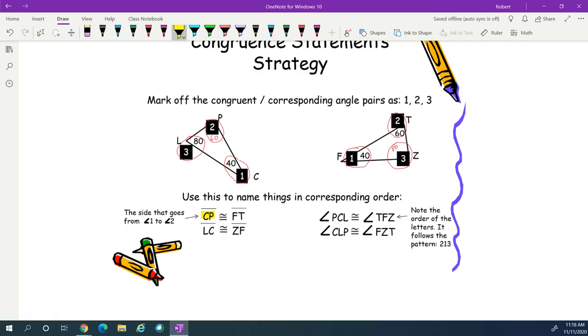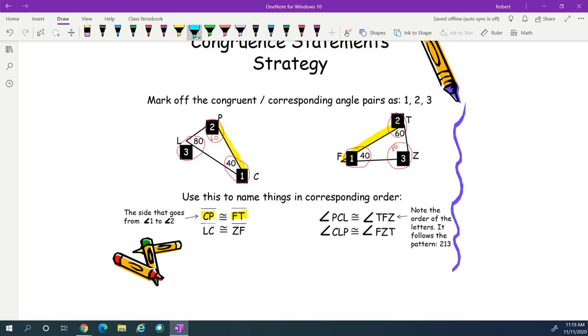Well, that's the side connecting 1 to 2, C to P. I have to match that. So again, 1 to 2, I'm going to go to the other triangle, 1 to 2, and that's F to T. So FT. I cannot have those letters backwards anymore. The first one, however you want, the second one has to match.